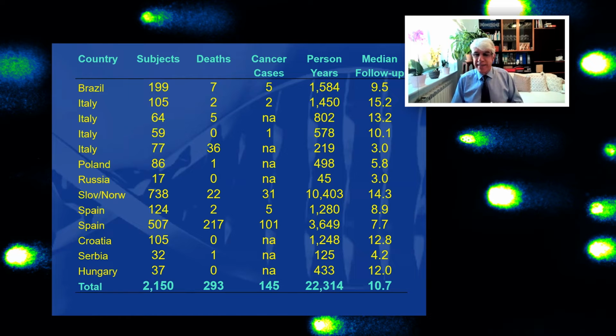So you have to get several permissions, individual and institutional. It was not easy, and we were able to create a small cohort, 22,000 person-years. The follow-up was good, 10 years, almost 11 years. The numbers are not fully satisfactory, but enough to show some results.